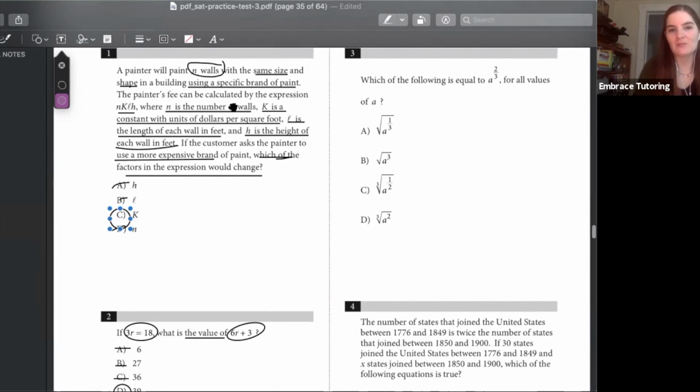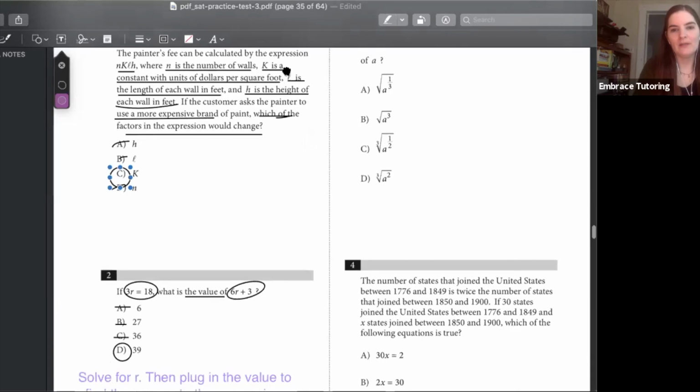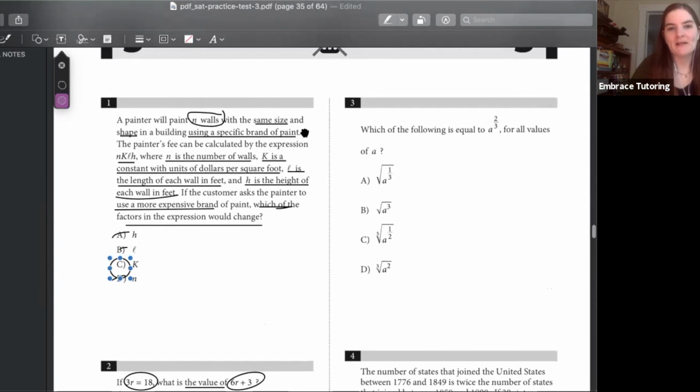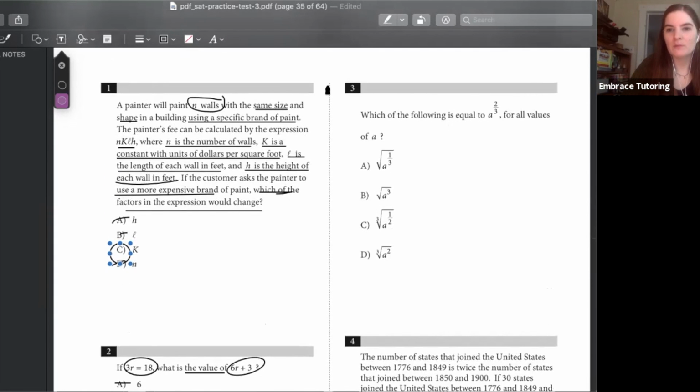Also, to keep things together, like N corresponding to the number of walls, is why I underlined it instead of circling it, although I circled it up here, N walls, that's a quantity. But everything else needed to be connected to what that variable is representing. Does that make sense to everyone so far?